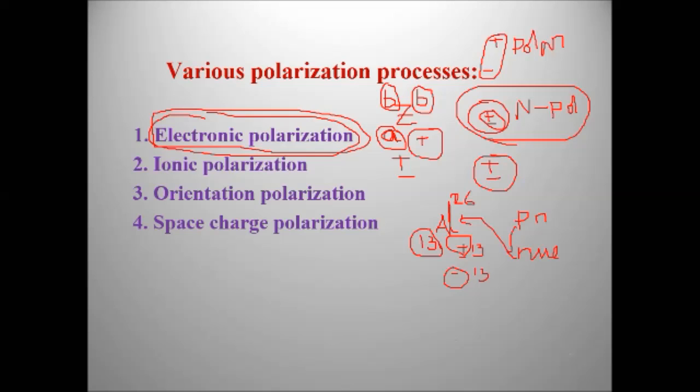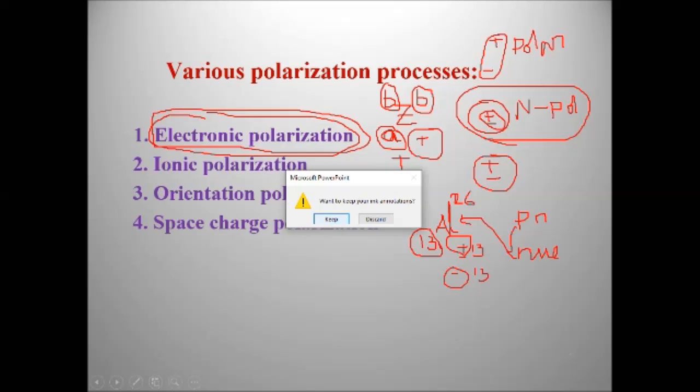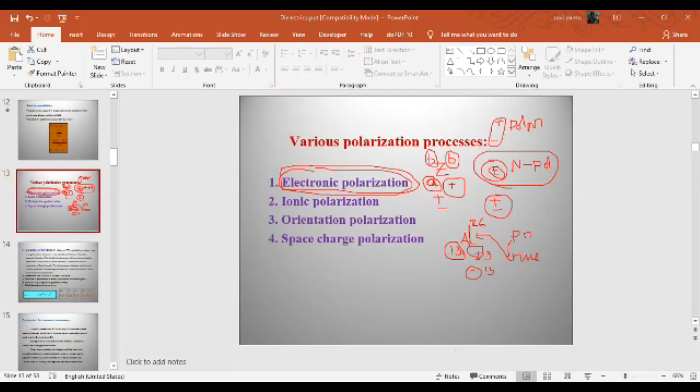If n protons are there, at the same time there also exist n electrons. Are you understood? Do you have any doubts?